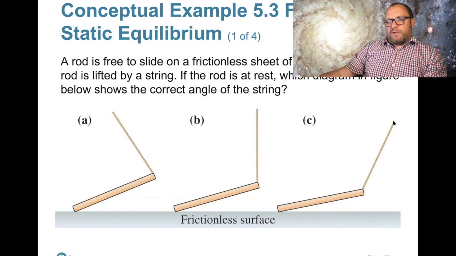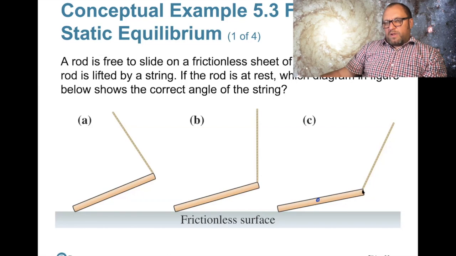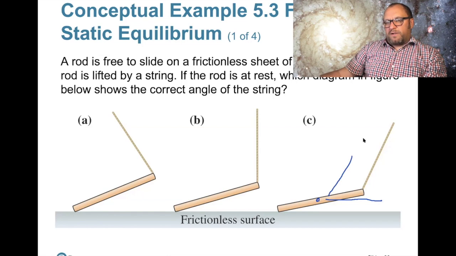So we can imagine our tension's over here, the center of mass is going to be over here, and it looks like we're going to have some tension going this way. Here's our force vector.